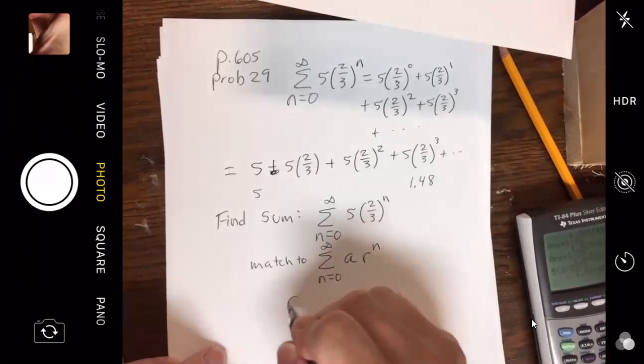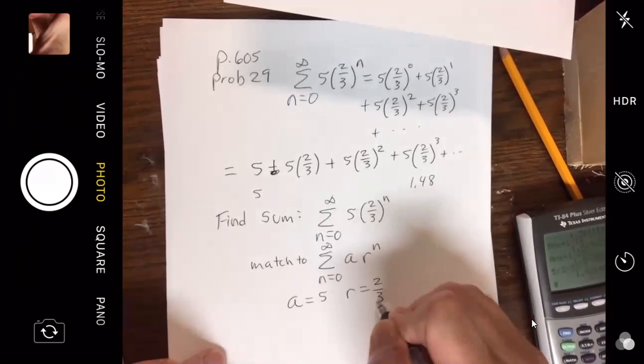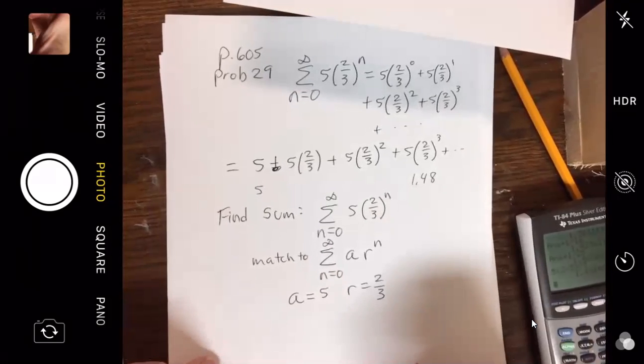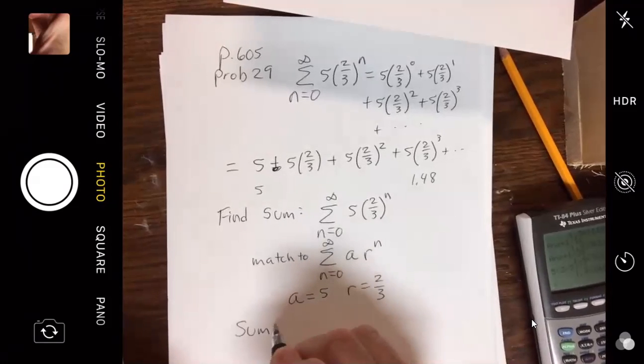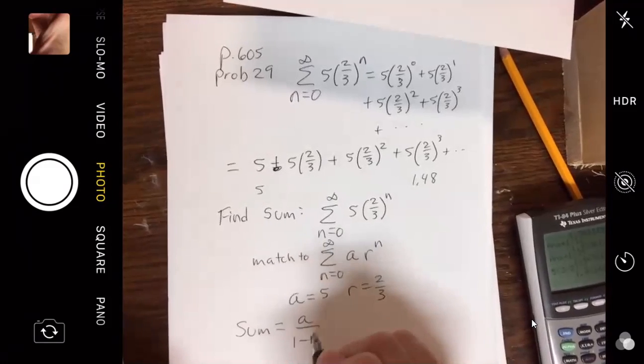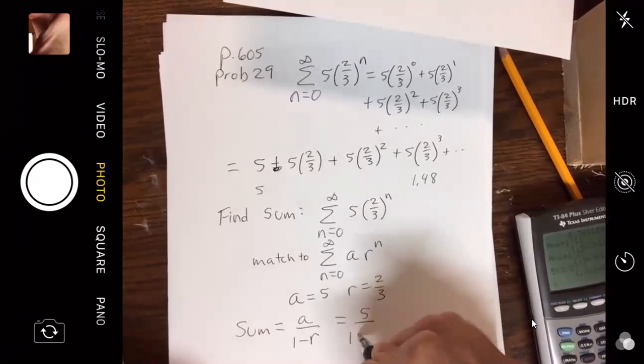Can you tell your A is 5 and your R is 2/3? Is that obvious or only obvious to me? Meaning your sum then is plug and chug: A over 1 minus R. So that's 5 over 1 minus 2/3.